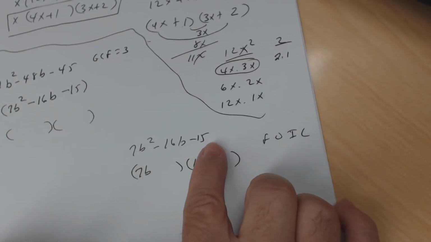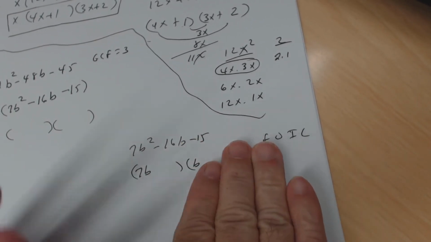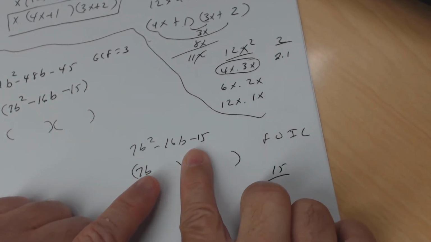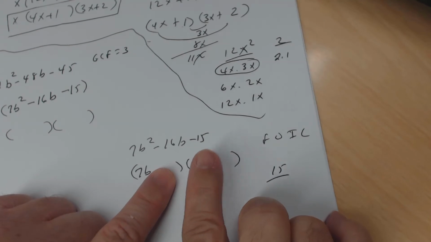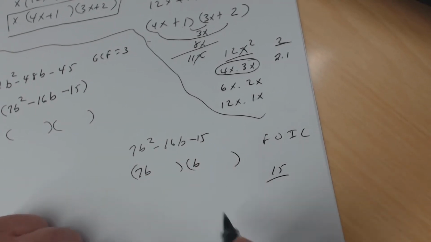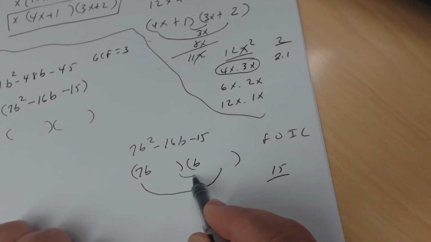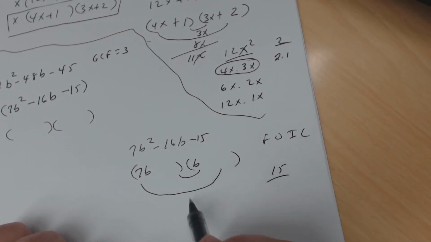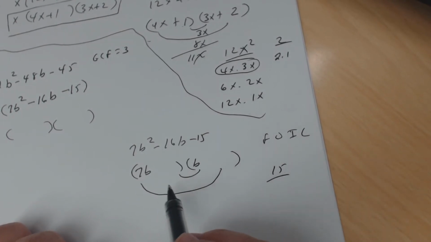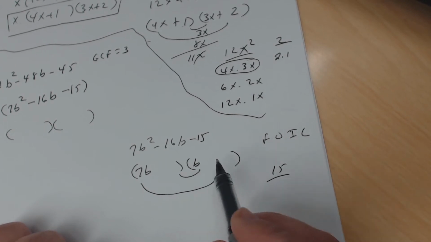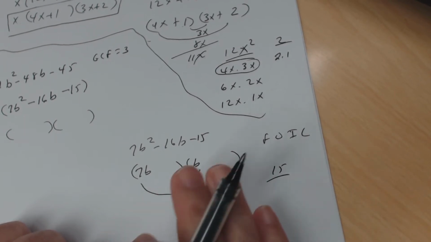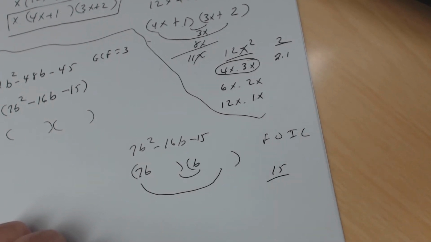Now the last term is negative 15, but let's just look at 15. Remember, the last sign's negative, so one's going to be positive, one's going to be negative. The outer and inner have to add up to negative 16. So the larger of these terms, the larger absolute value, would have to be negative.